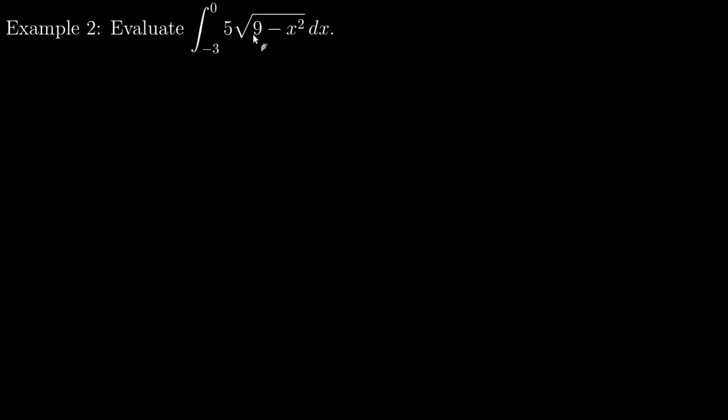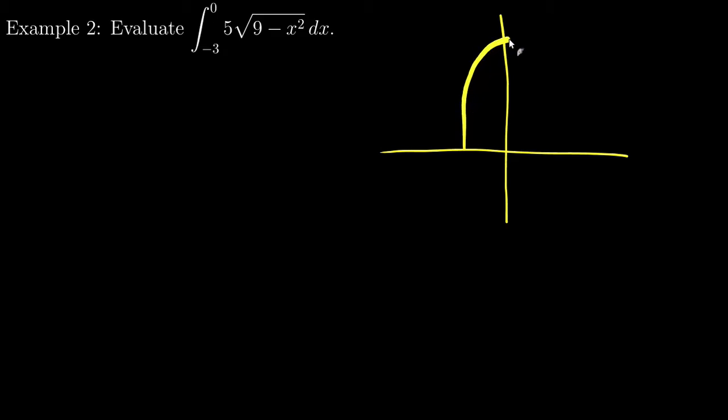So in this case, I have this shape. Now, this graph will look something like this. This being at -3, this being at +3, this y-intercept being up here at 15. And I'm only finding the integral from -3 to 0.